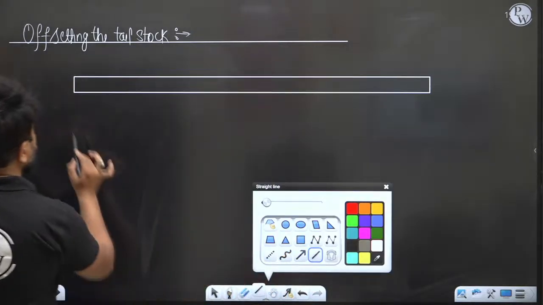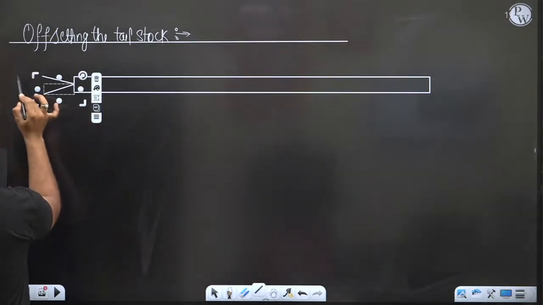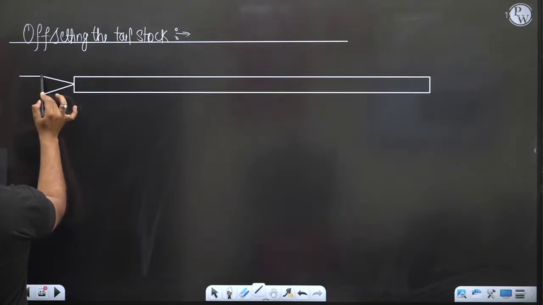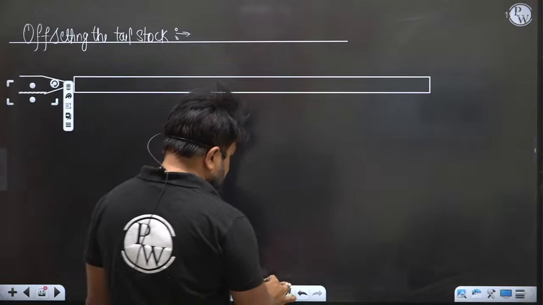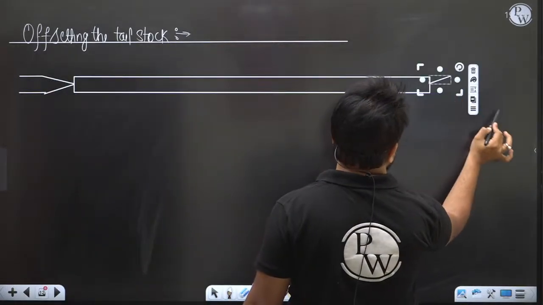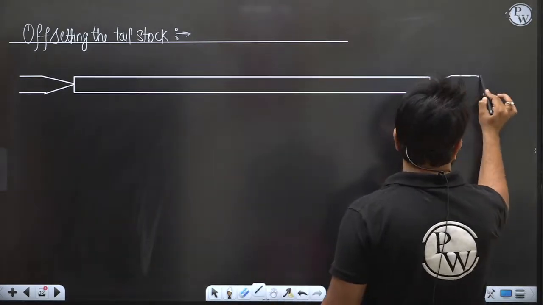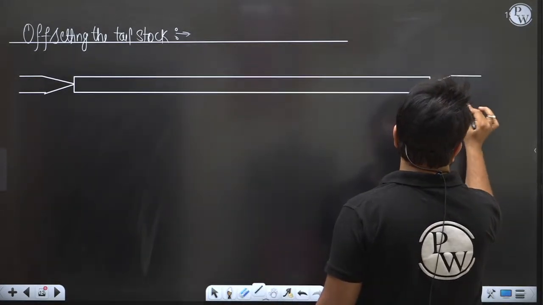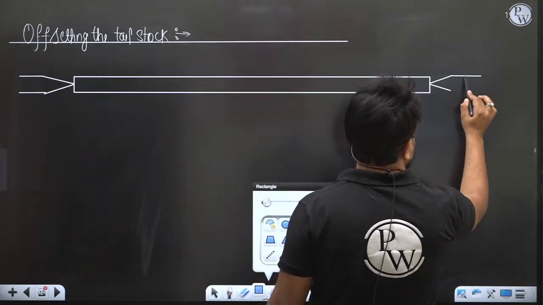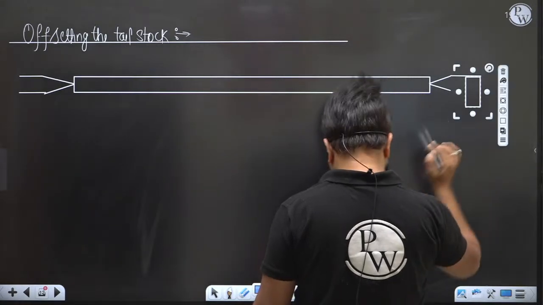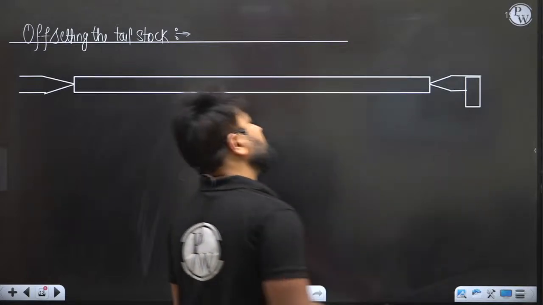There will be a live center, and at the end there will be a dead center which is attached to your tail stock, my dear. So this is the thing.